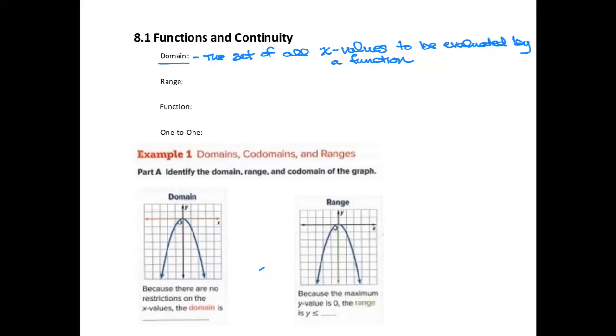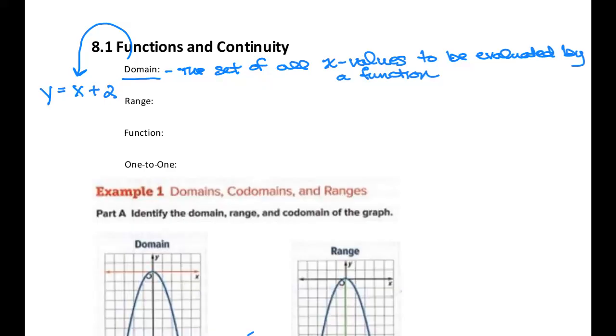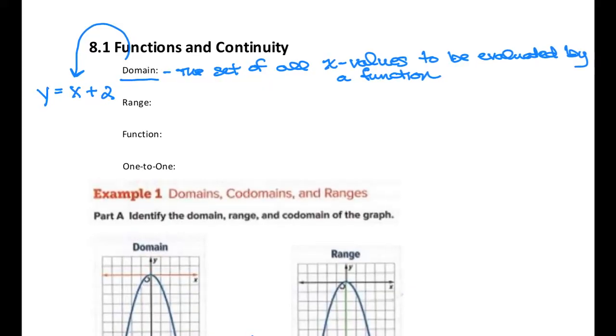So if I were to say something like y equals x plus 2, the domain is going to be whatever we substitute in for x. The domain is what we're going to substitute in for x, and then we're going to evaluate it by actually doing this, x plus 2, and that gives me the range.